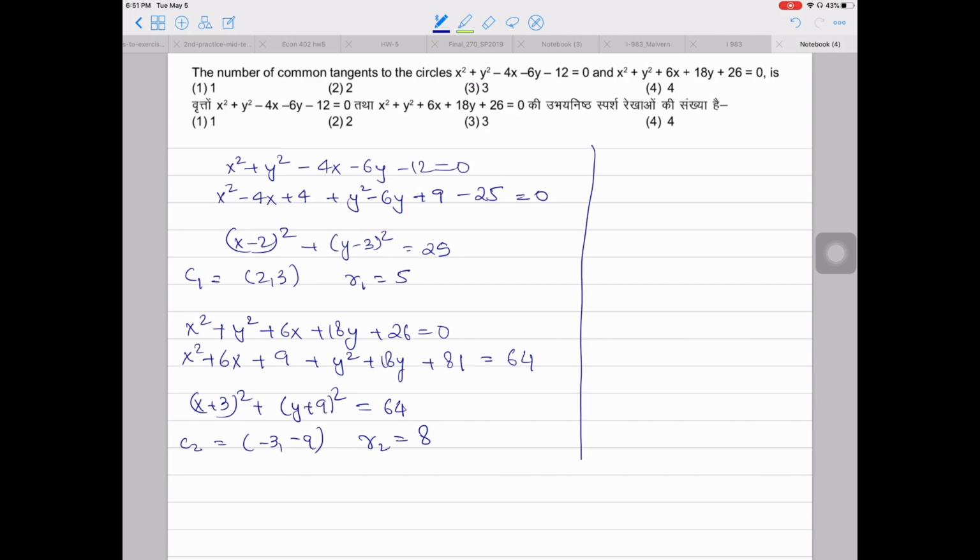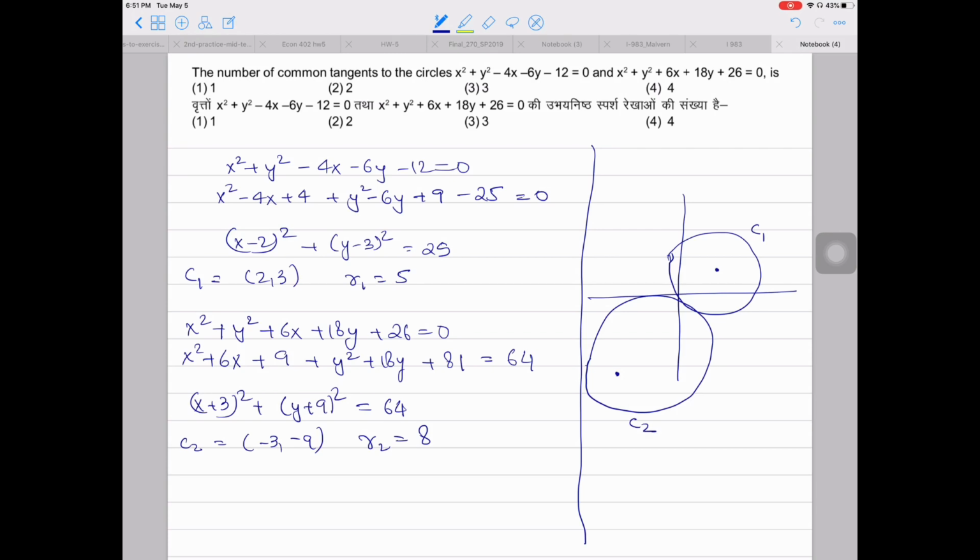So if we were to show them in this Cartesian graph, the center of the first circle is here with a radius of 5, and the center of the second circle is here with a radius of 8. Pardon me for the bad drawing.